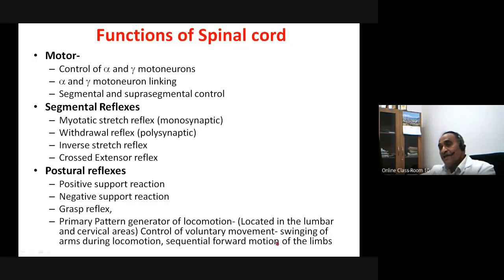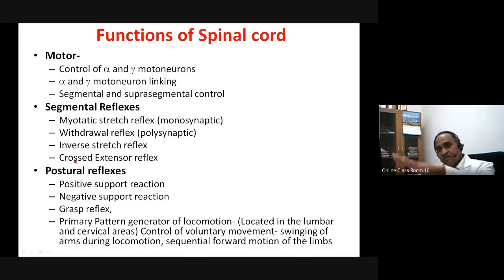Maybe we think about a dog or a cat, then you will know exactly how the forelimbs and hind limbs work as a unit for the motion. So this is a pattern generator. Here in the spinal cord, it is present in the lumbar and cervical areas, because the lumbar area governs the lower extremity, or the hind limb, and the cervical area governs the forelimb.